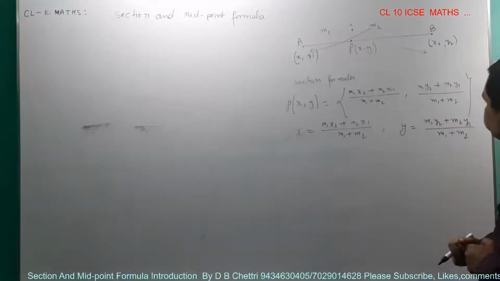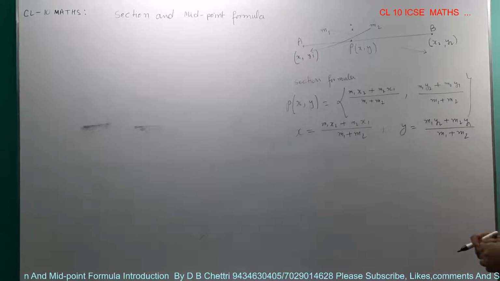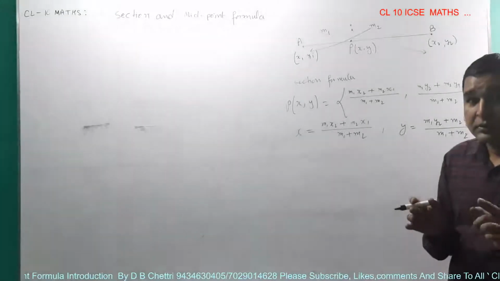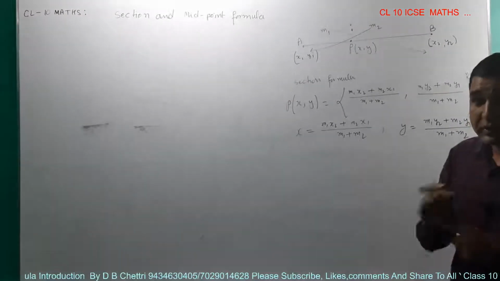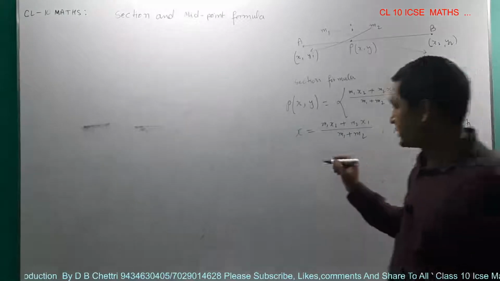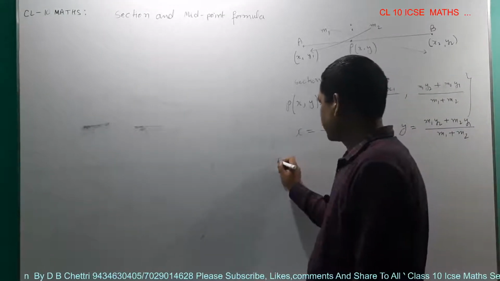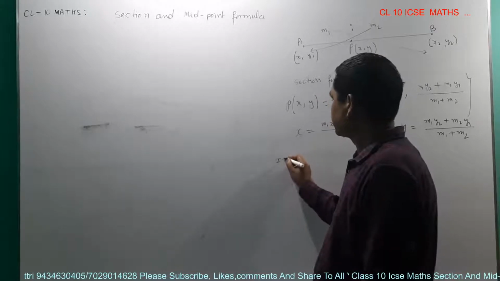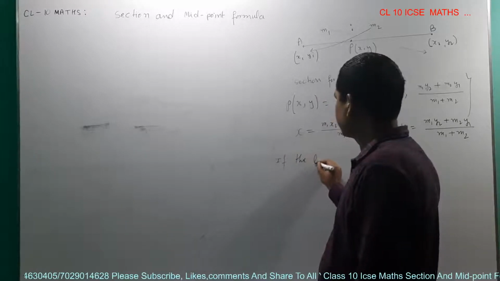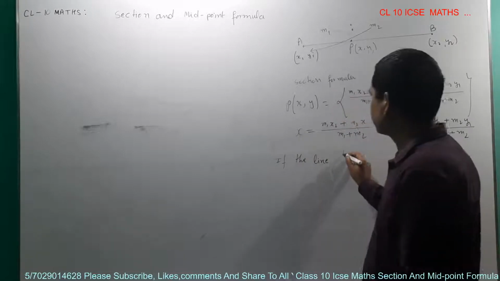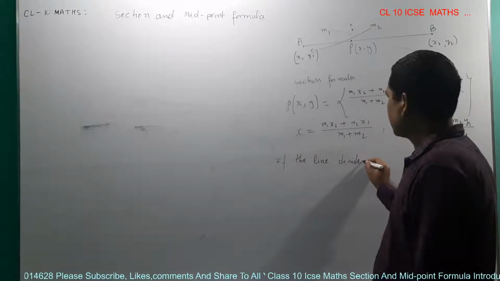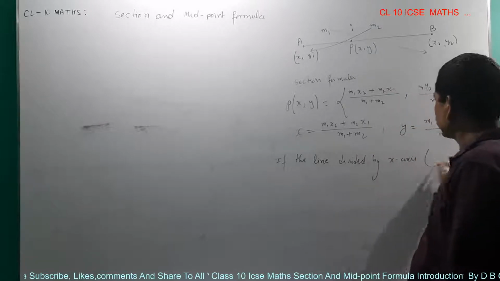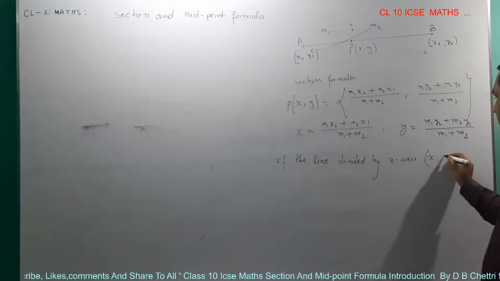And remember, if the line is divided by the x-axis, it means y is 0. Now that is very important. If the line is divided by the x-axis, that means x is there and y is 0.